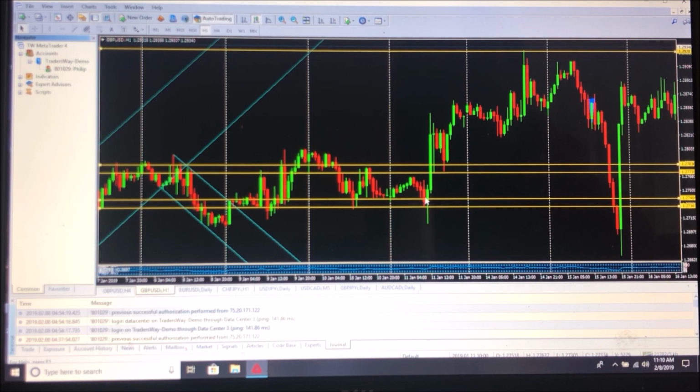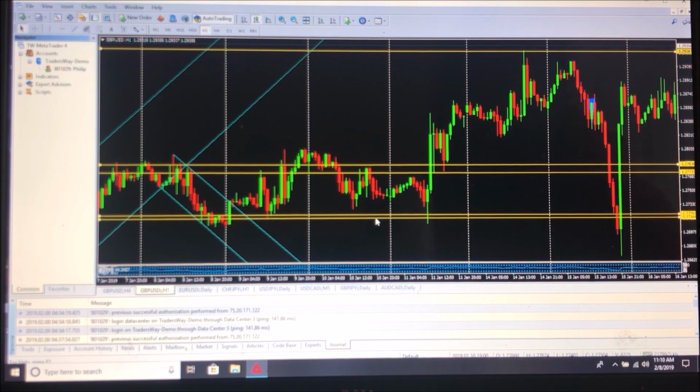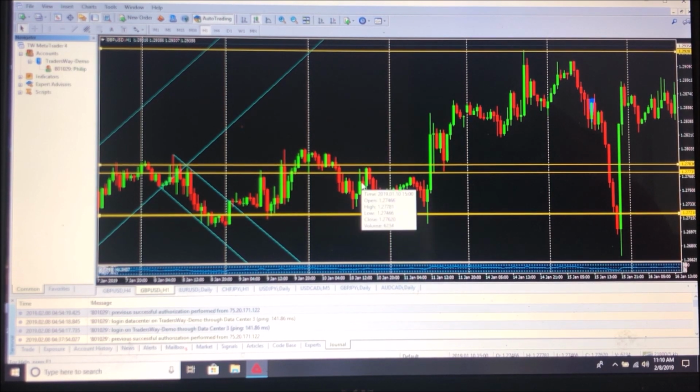All right, and right here, your take profit will be 1.27203. Right there. Boom. This is the 2 a.m. candle. As you can see, they came all the way down, activated your sell stop, gave you your money. Boom. And they did their reversal and came back up and gave you your money the other way. They do that a lot. There's a lot of times that they do that.